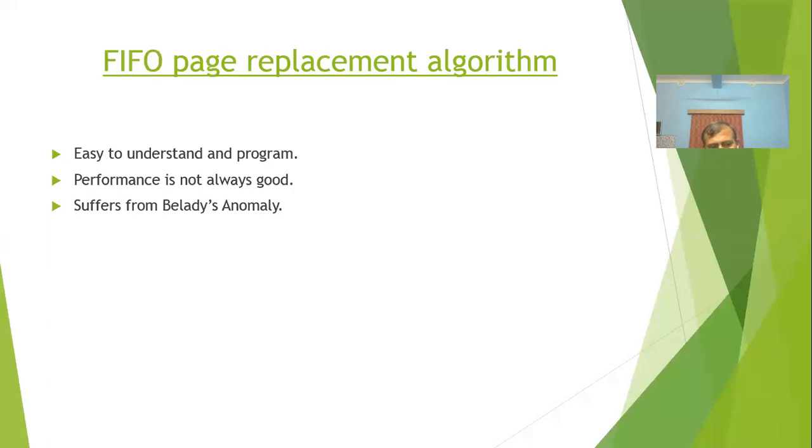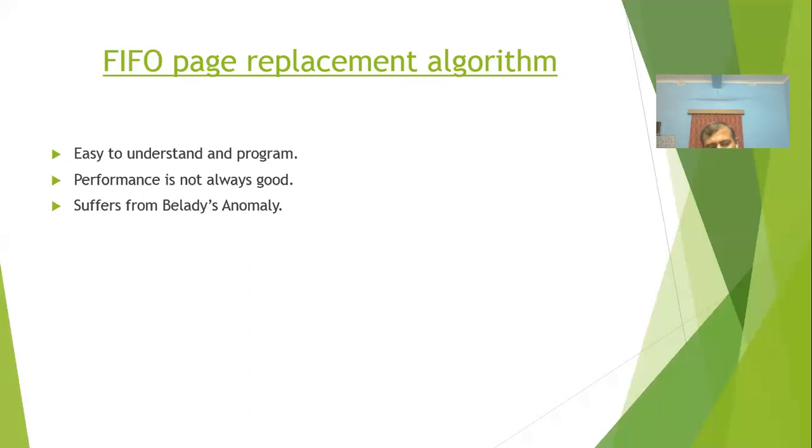But in some cases, it has been seen that whenever we have employed a FIFO page replacement algorithm and we have allocated more frames to a particular process, still the number of page faults does not decrease, but in the reverse sense, it has increased. So we can say that the FIFO page replacement algorithm suffers from Belady's anomaly.